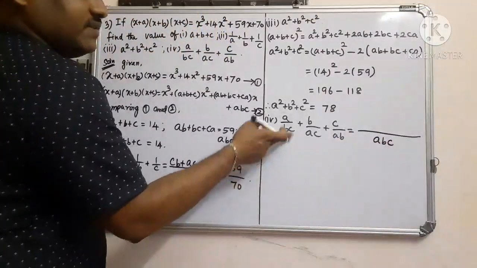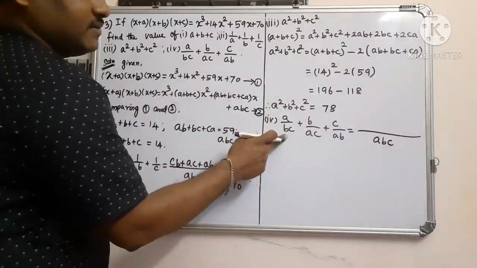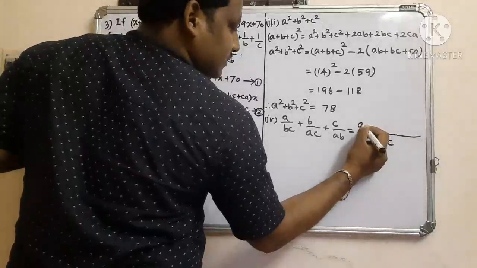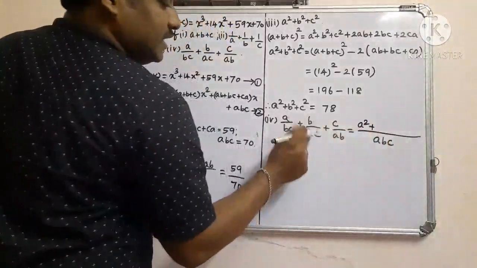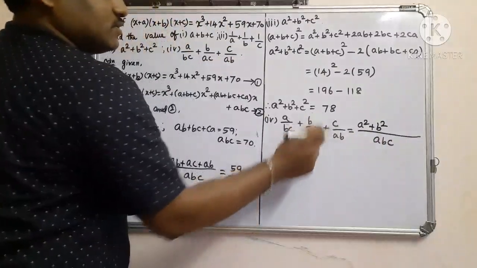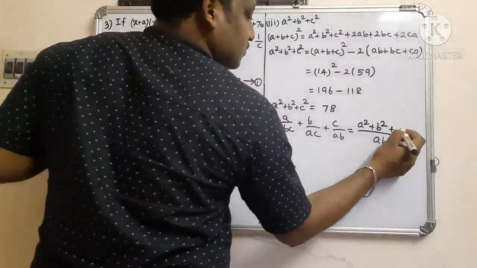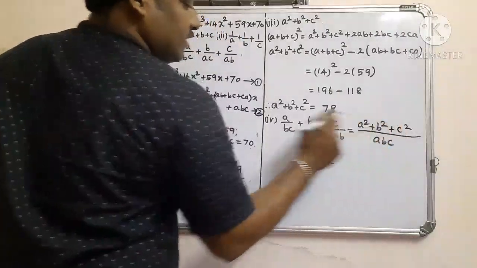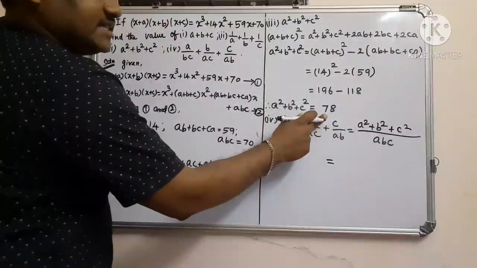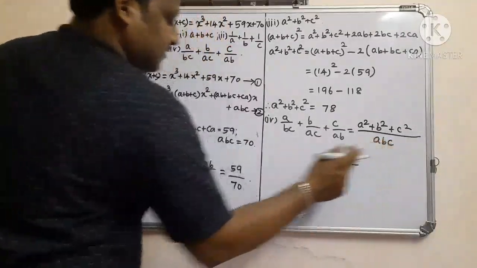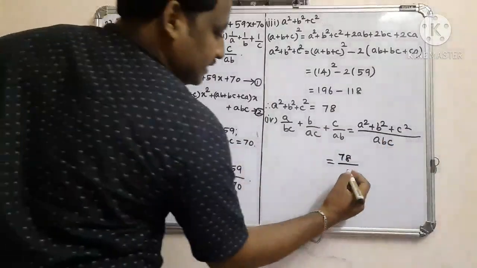Here bc is there, so what is missing? a is missing, so we multiply the numerator with a, so a square. Here b is missing, so b square. Here c is missing, so c square. Now substitute the values. a square plus b square plus c square value we already found in the previous step, that is 78, divided by abc value, which is already given, that is 70.